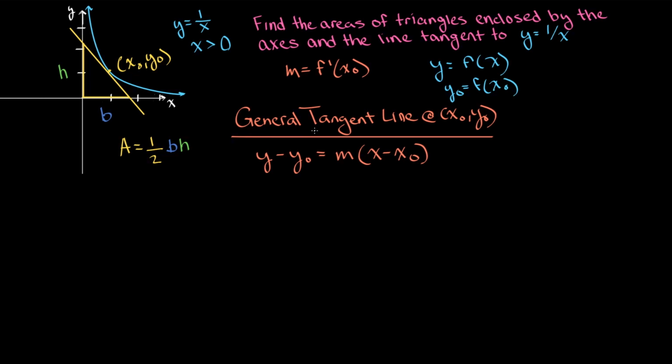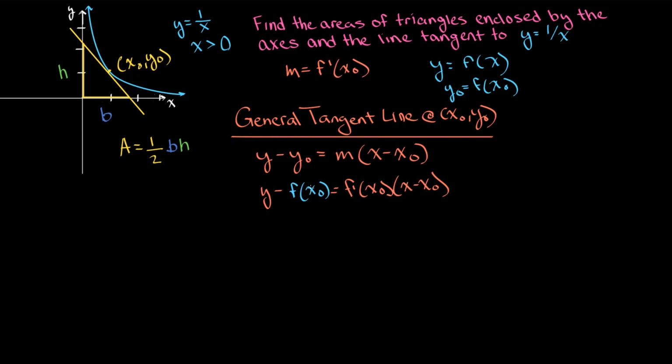So just some quick notation. Let's fill in some of this notation. So we have y minus f of x naught is equal to, we said our slope is going to be f prime of x naught, times x minus x naught.